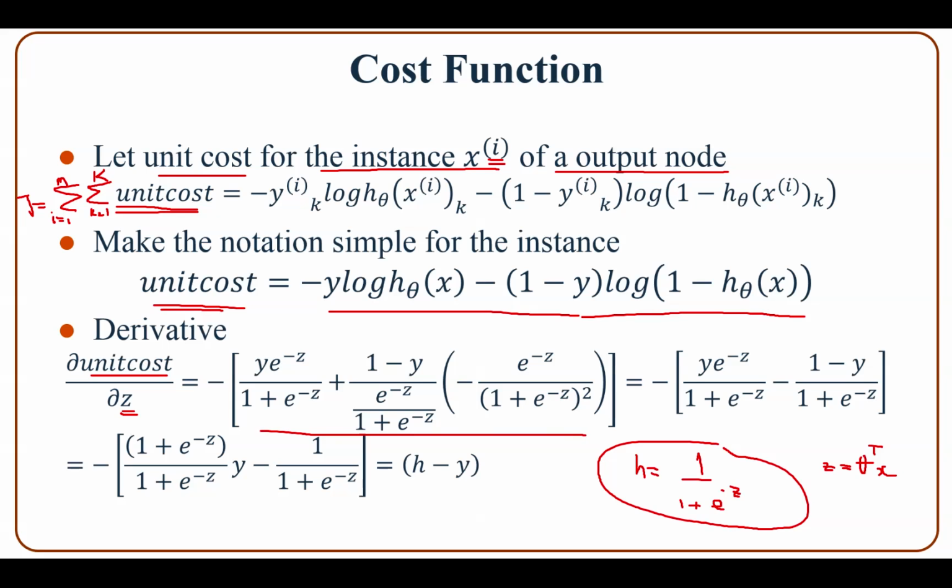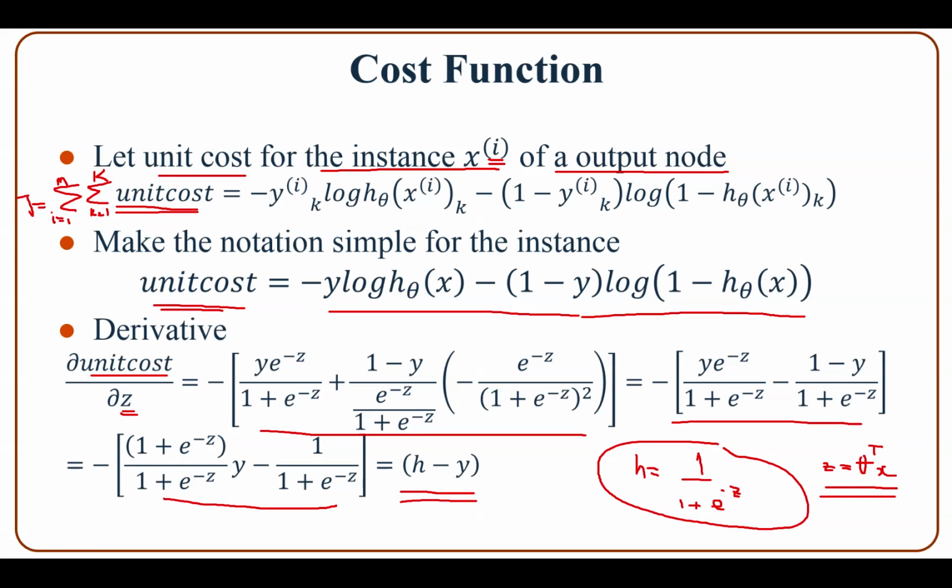And notice that h is actually 1 divided by 1 plus e to the negative z, and z is theta transpose times x. So following several steps, what we get to finally is this.